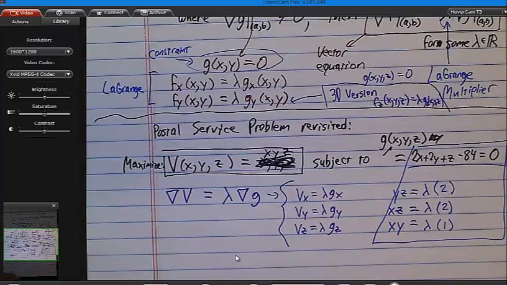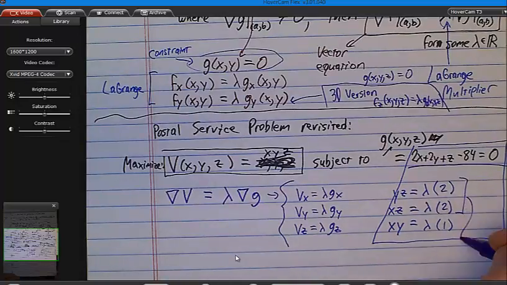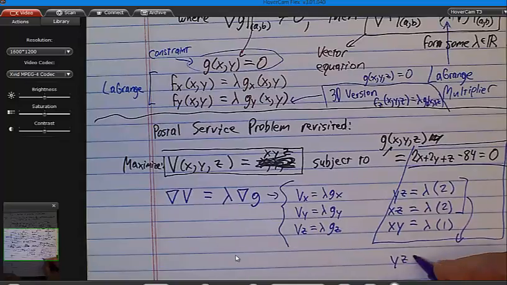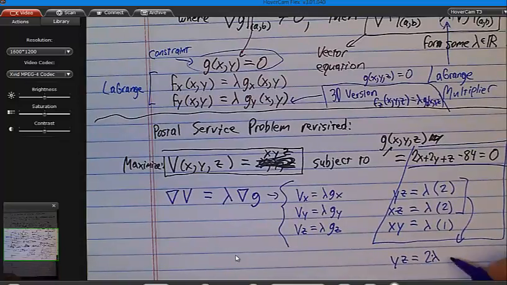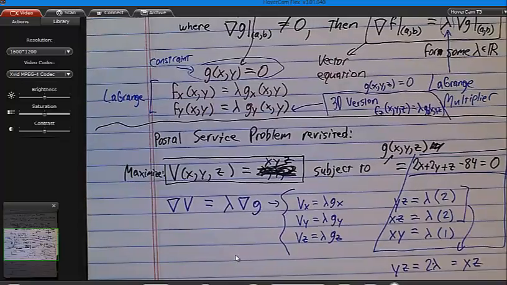So how does substitution work? I try and look for, guys, take those first 2 equations. Doesn't this kind of tell you, you have yz is equal to 2 lambda, but you also have that 2 lambda is equal to what? xz. So you got to start doing things like that.